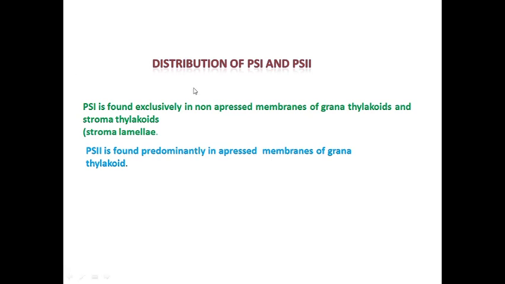Pigment system first is found exclusively in the non-appressed membranes of grana thylakoids and stroma thylakoids. Where is pigment system first present? It is present in non-appressed membranes.